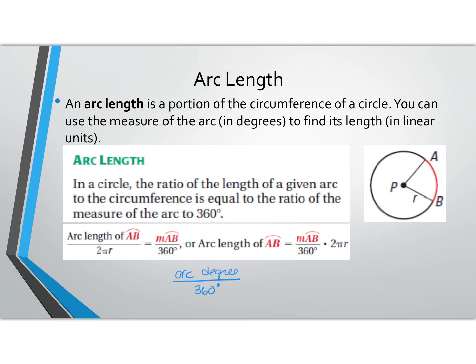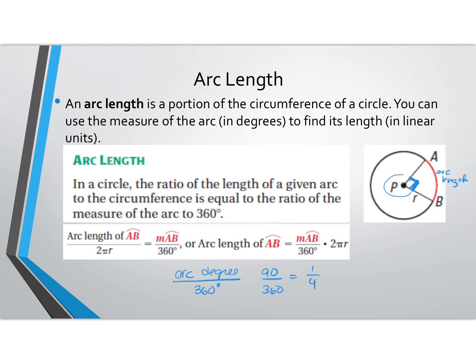Let's just pretend that this was a 90-degree angle there. Well, the arc degree over 360 is 1/4. And what we're saying is that this is a quarter of the total degree of the circle. Well, what's interesting is this arc length is then also going to be a quarter of the entire length of the circle.